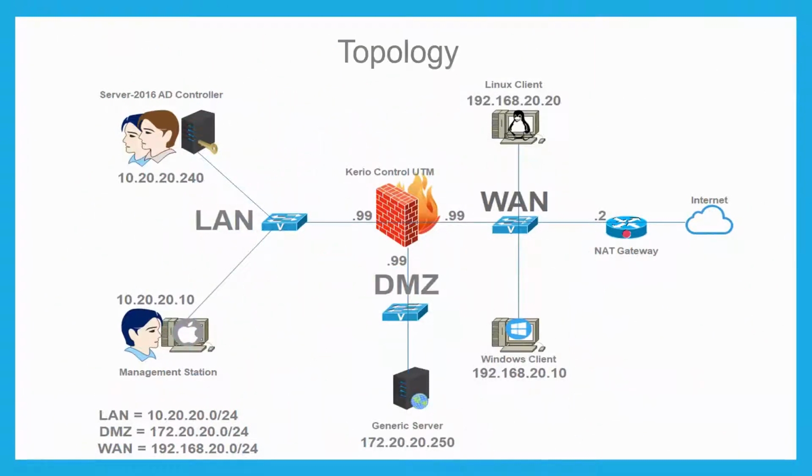So back on the topology, you can see that I've got my two hosts in the local area network, a single host in the DMZ, and two more hosts in the wide area network. The Server 2016, that is our AD controller, will be configured as a DNS server at the same time.